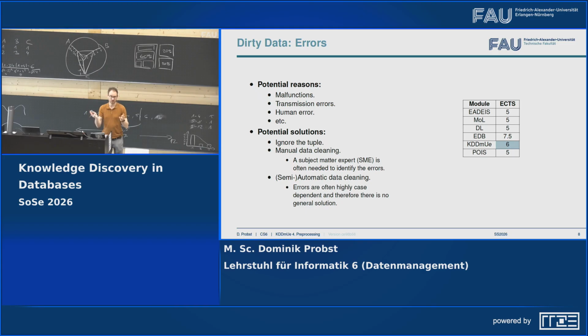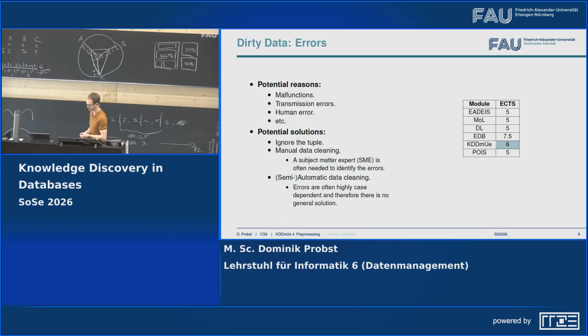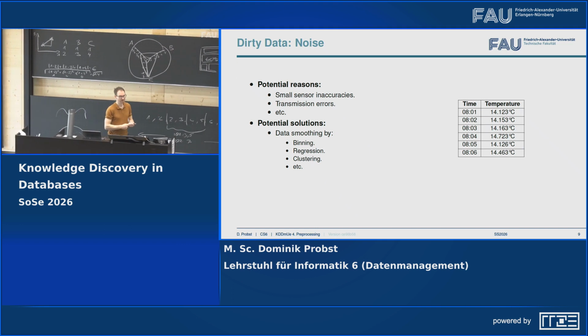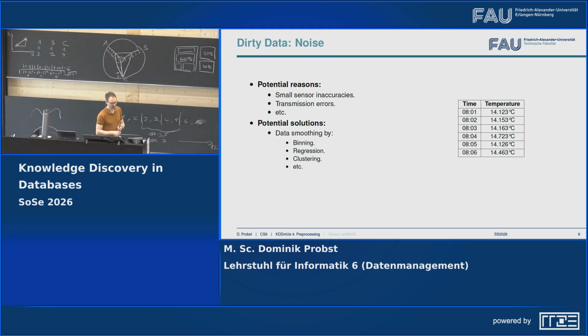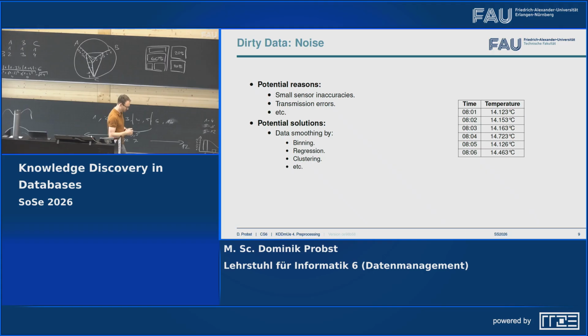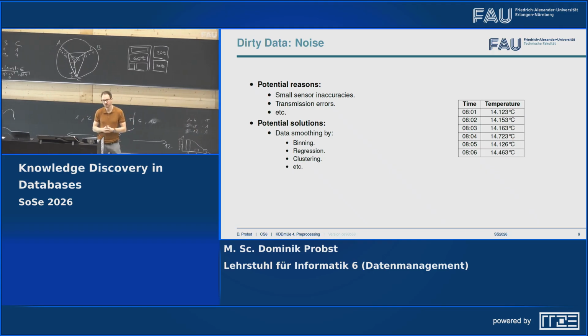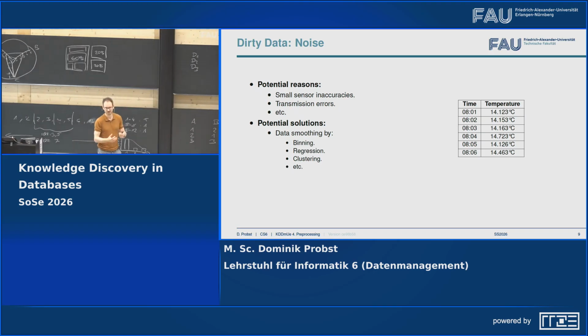In a certain domain, it might be possible. If you have a certain domain where you can look up, for example, real values in another database, then errors are fixable automatically. One related problem is noise. Noise are small inaccuracies, which can, for example, also be transmission errors or sensor inaccuracies and things like that.